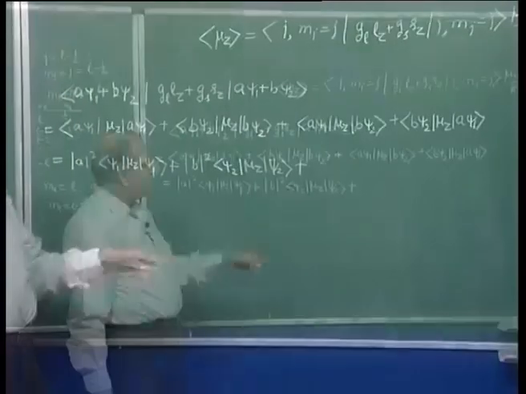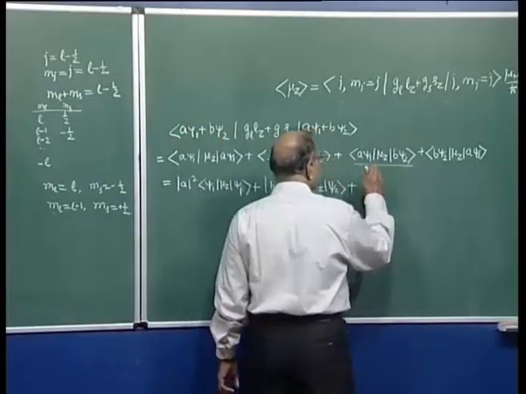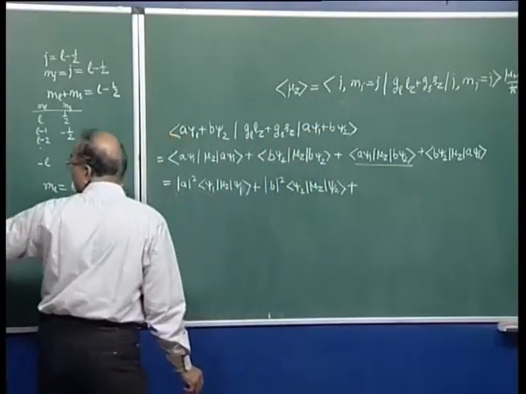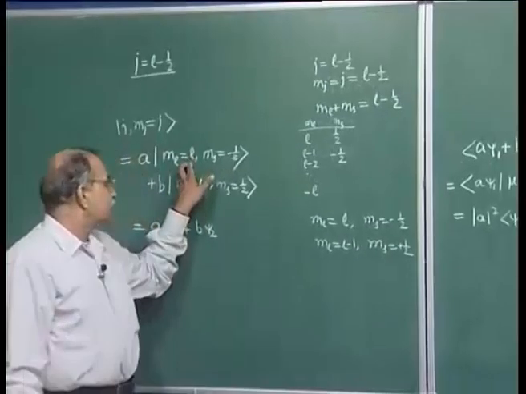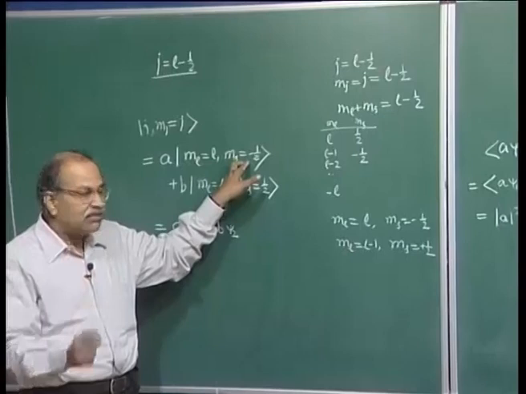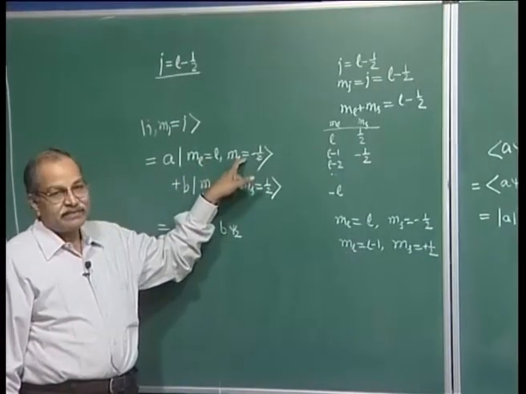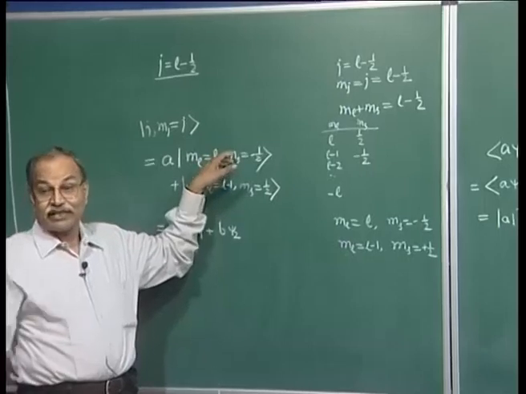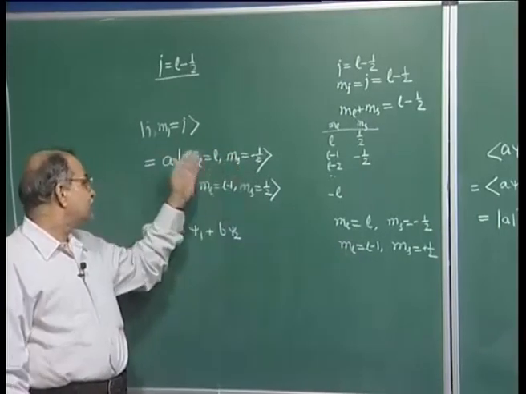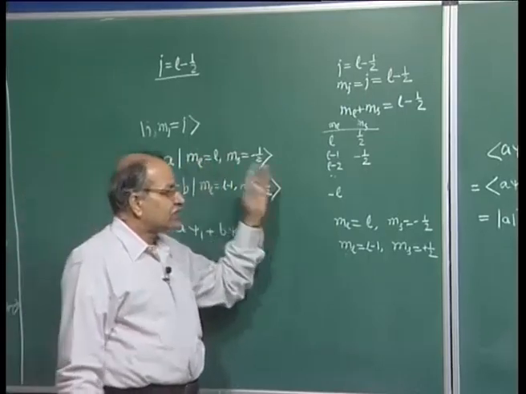Why should they become 0? Because if you look at psi 1, for example, psi 1 is ml equal to L and ms equal to half. So in psi 1, ml has a definite value and ms has a definite value, not in the actual wave function. The actual wave function is a psi 1 plus b psi 2, but in psi 1 ml and ms are definite.